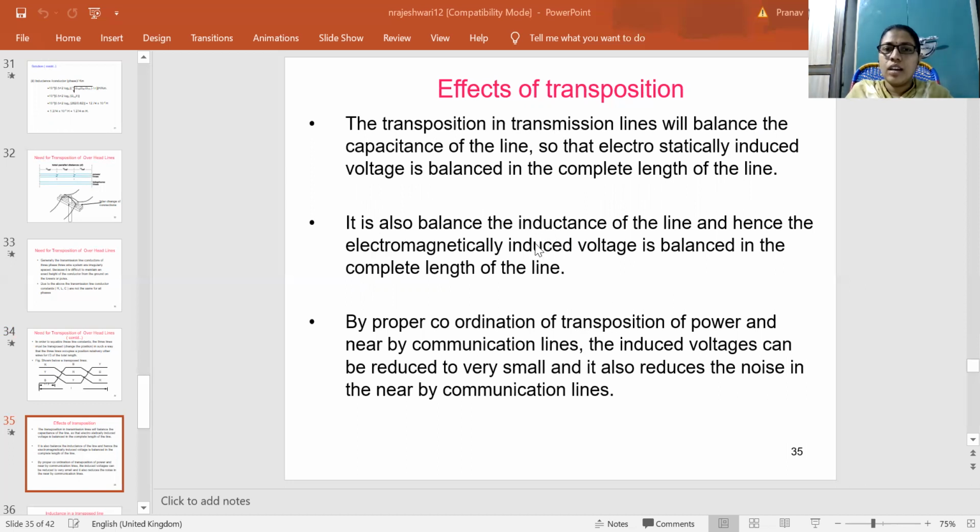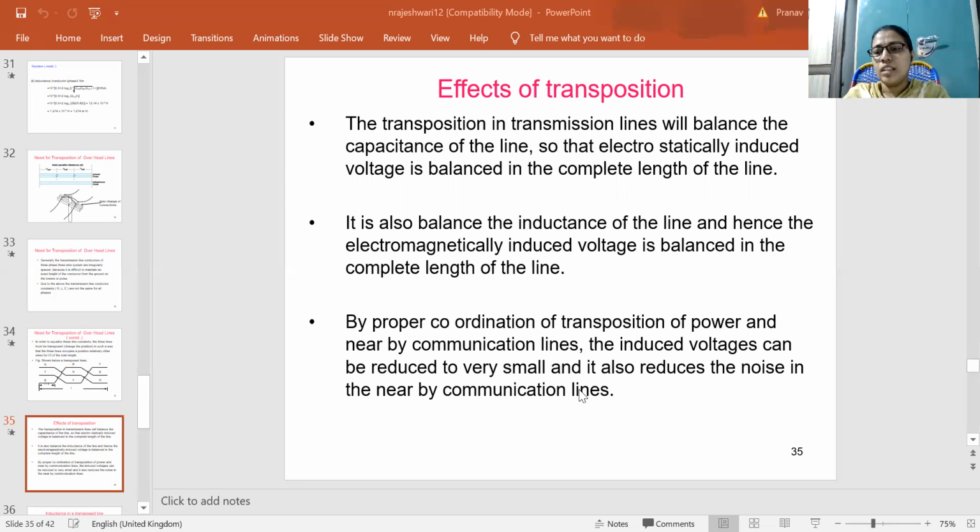And with these two balances, by proper coordination of transposition of power and nearby communication lines, the voltages can be reduced to very small values, and it also reduces the noise in the nearby communication lines. So these are the uses of transposition of conductors.